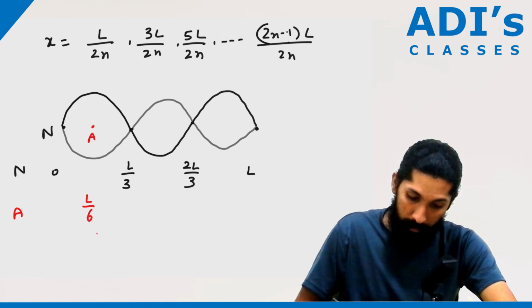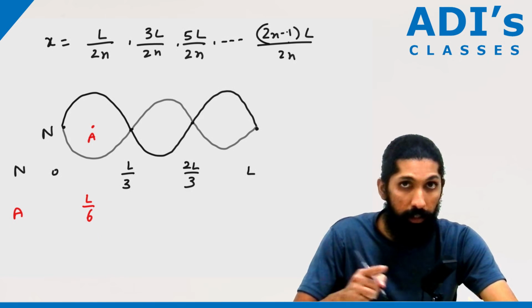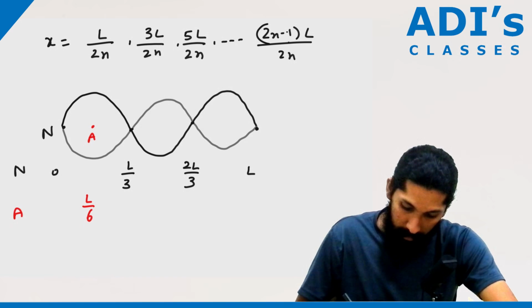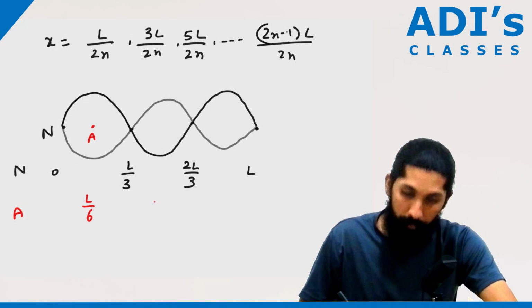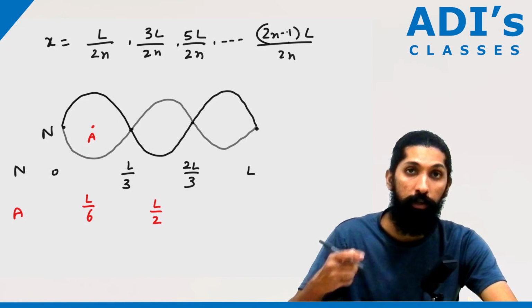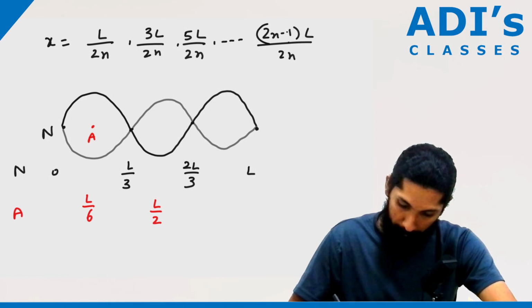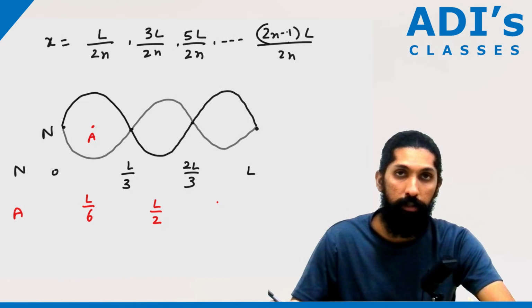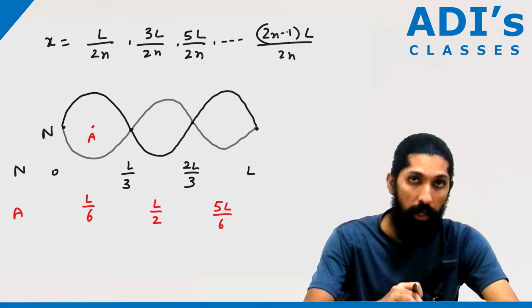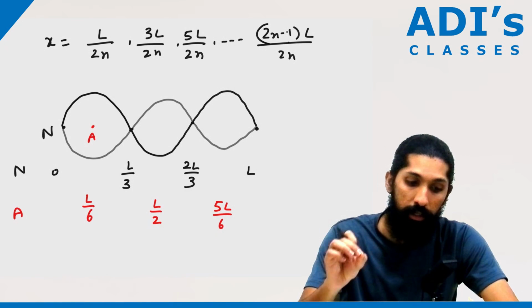The second one is 3L divided by 6, or in other words, L divided by 2. The next one is going to be 5L divided by 6. These are the positions of nodes and antinodes in a standing wave.